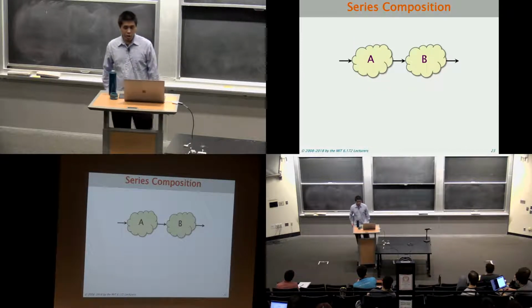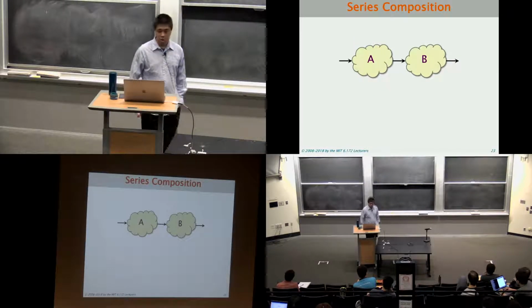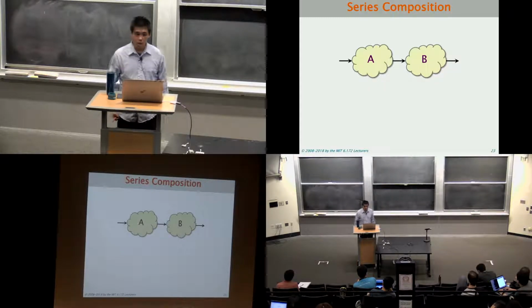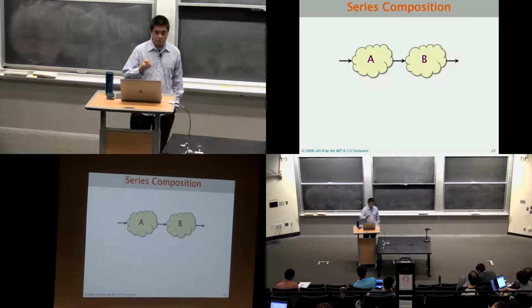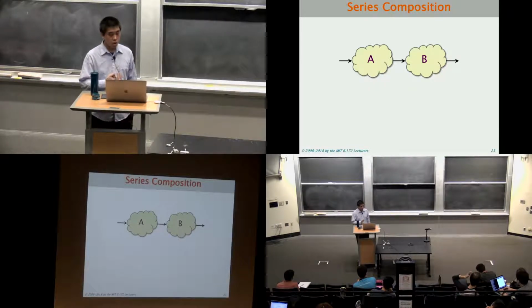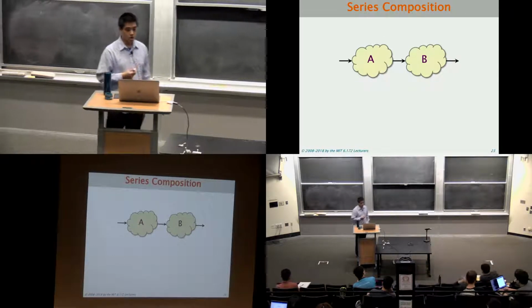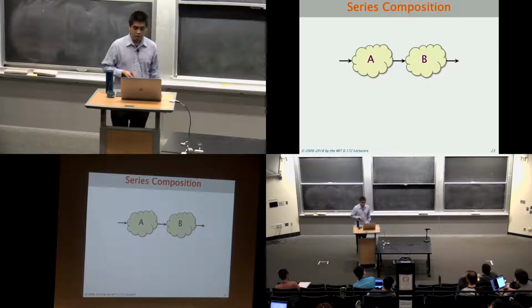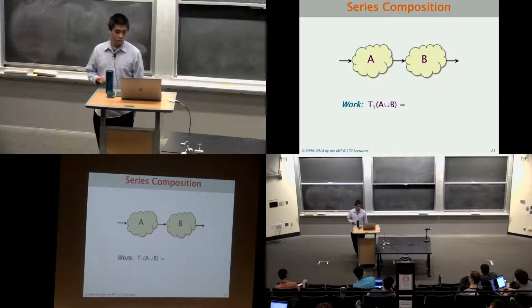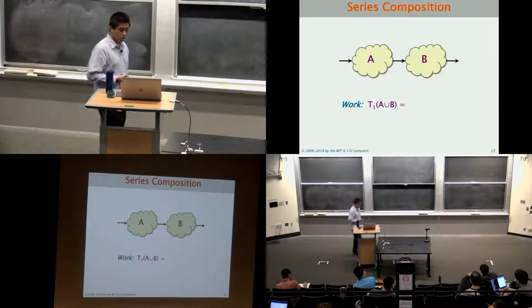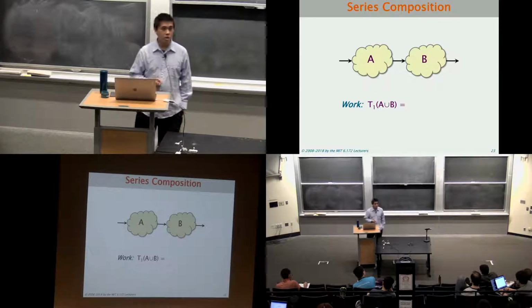So let's see how we can compose the work and the span quantities of different computations. Let's say I have two computations, A and B, and A has to execute before B. So everything in A has to be done before I start the computation in B. Let's say I know the work of A and the work of B individually. What would be the work of A union B?